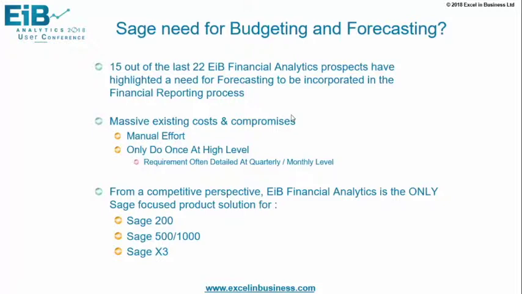They highlight the same issues as was found with PwC and KPMG, that there's too much manual effort, and they don't often do it enough. A lot of the time people say we do forecasting quarterly, we really want to do it monthly, but it's just too much effort. And EiB Financial Analytics 2.18 is the only Sage Focus-based product that allows us to do that across the Sage mid-market platform, from Sage 200, 500, 1000 and Sage X3.